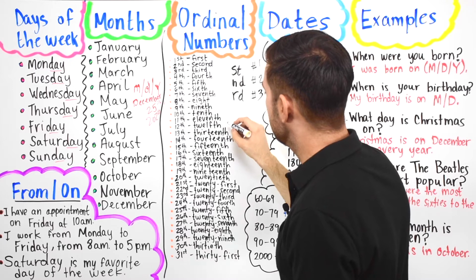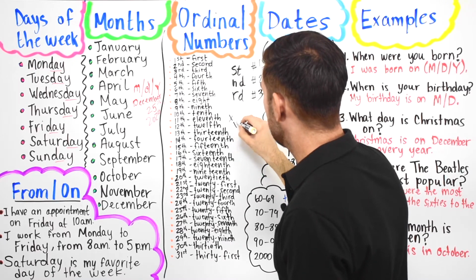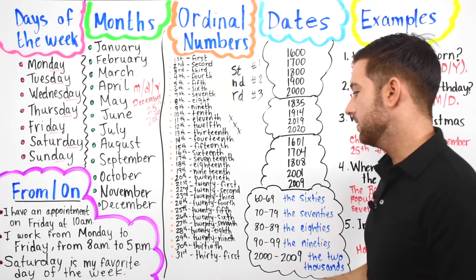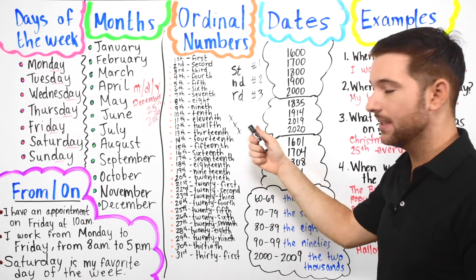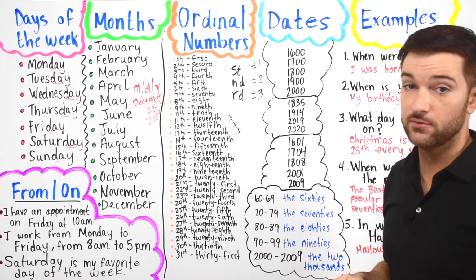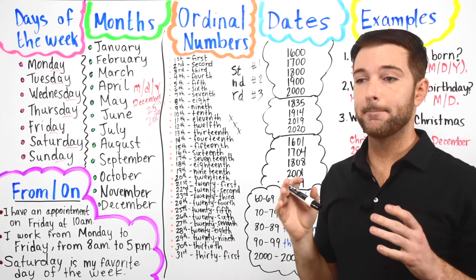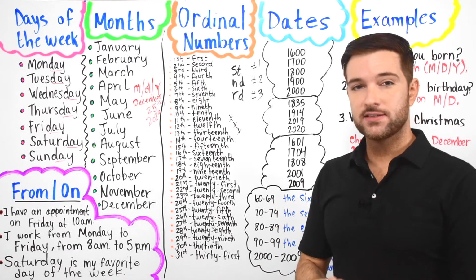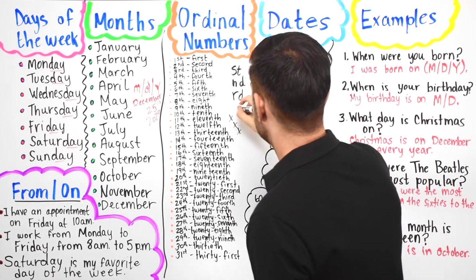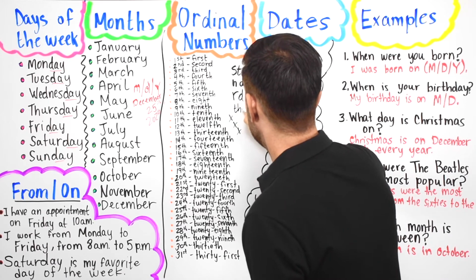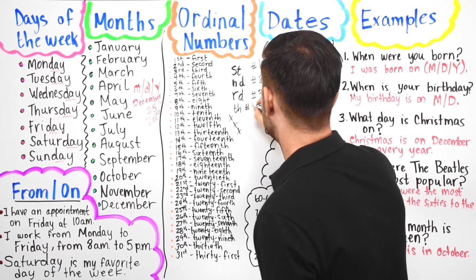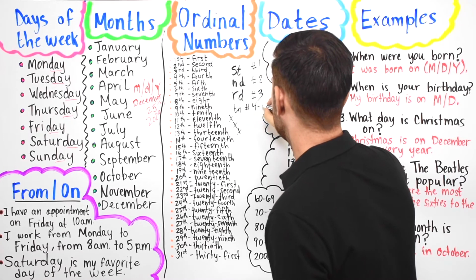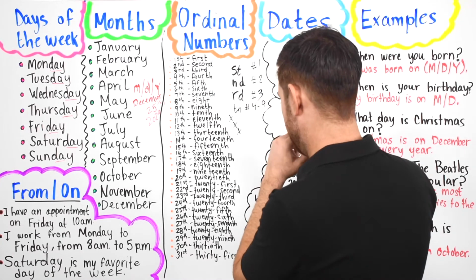We don't do it for 11, 12, and 13. We do it for the other ones, but not 11, 12, and 13. All the rest of the numbers, we use TH. So for 4 through all the rest, through 9 or whatever.